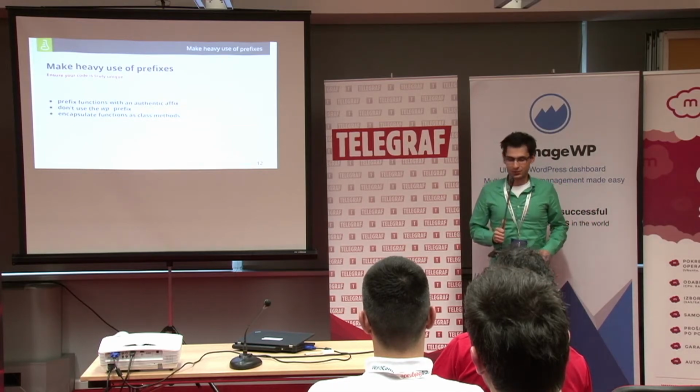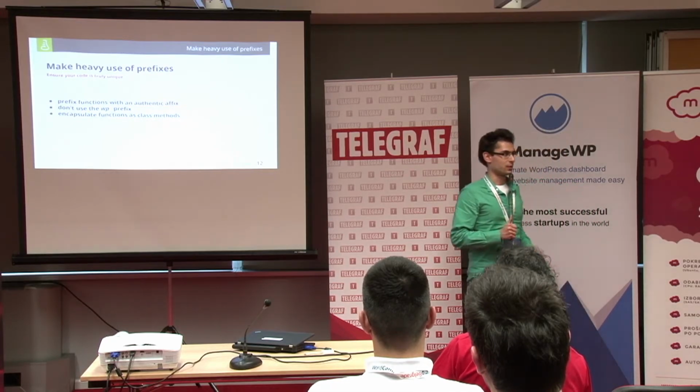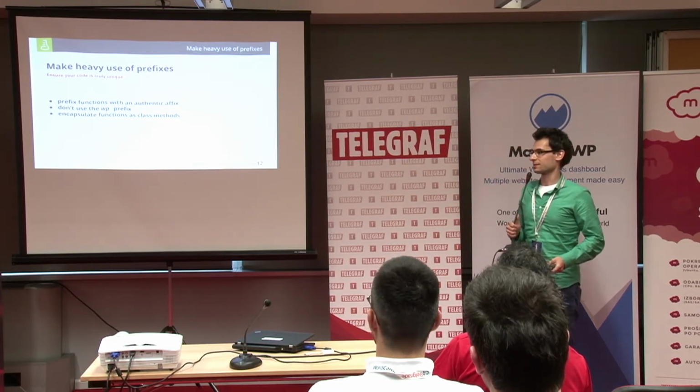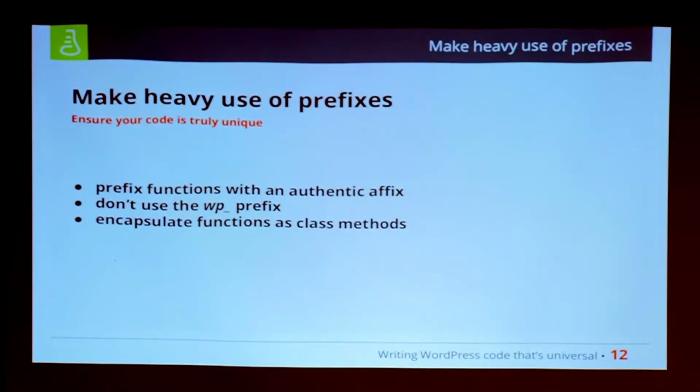Now, of course, a site can make use of a lot of plugins and themes, and WordPress itself has its own interface offering different functions. So it's highly likely that function names might clash.